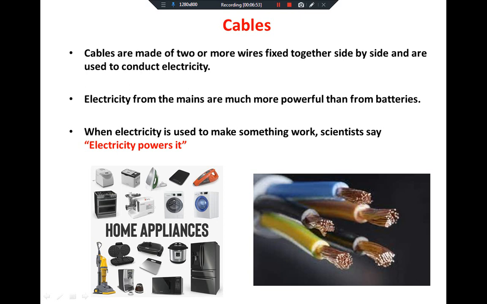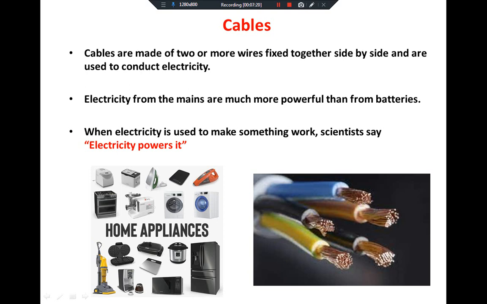So any appliances that you see in this picture from your left hand, these are all working by mains electricity. These are not working by batteries. Okay, you cannot turn on an iron using batteries. It's very hard. Even sometimes the electricity will not endure an iron, which actually is one of the very strongest ones.